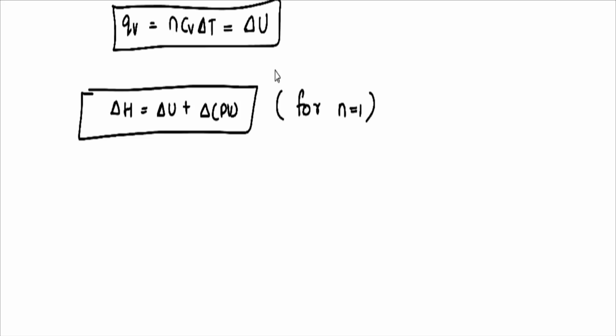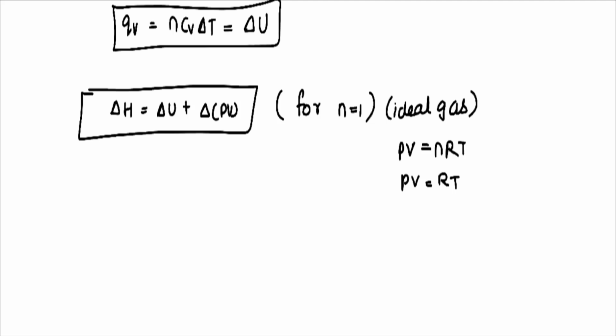Also, since this is an ideal gas, from the ideal gas equation we know that PV is equal to nRT. Since it is given for 1 mole, we substitute n and we get PV is equal to RT.